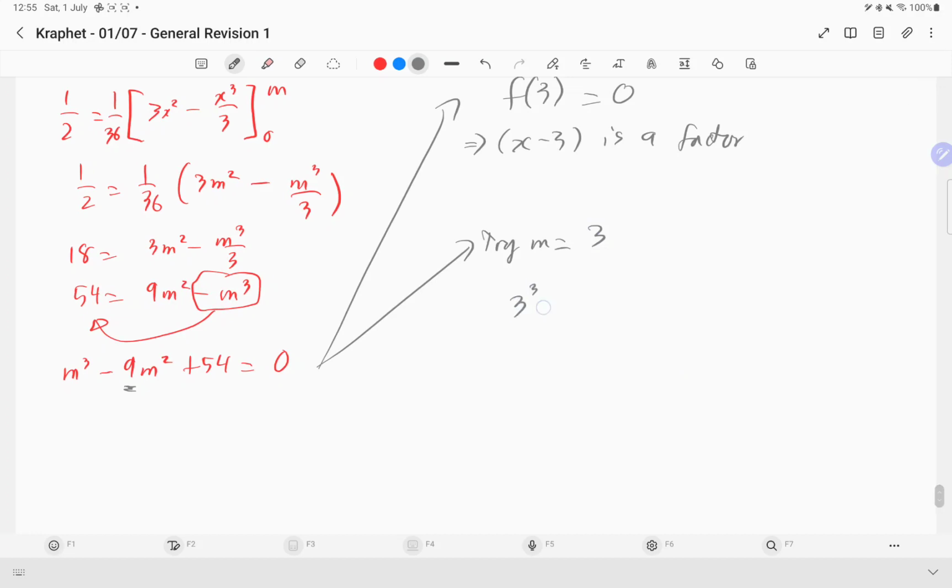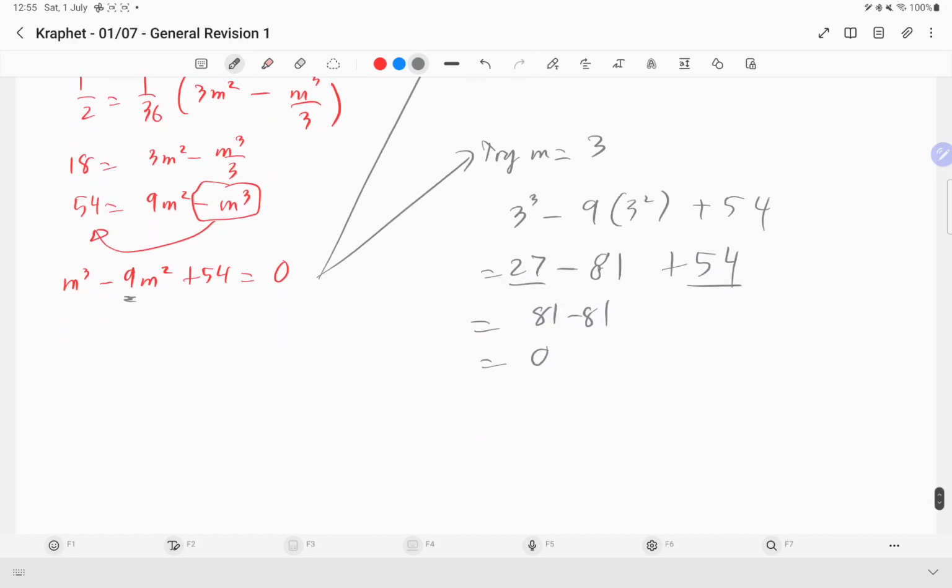So you get 3 cubed minus 9 times 3 squared plus 54. So this would be 27 minus, 3 squared is 9, 9 times 9 is 81. Yeah, it's subtracting by a big number, so that might get you to 0. Let's see. 27 plus 54 is 81. Equals 0.